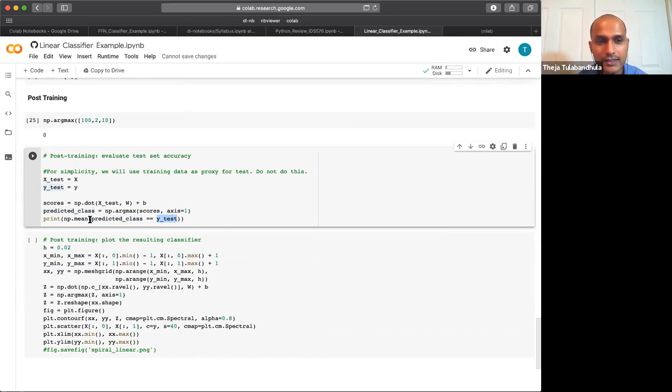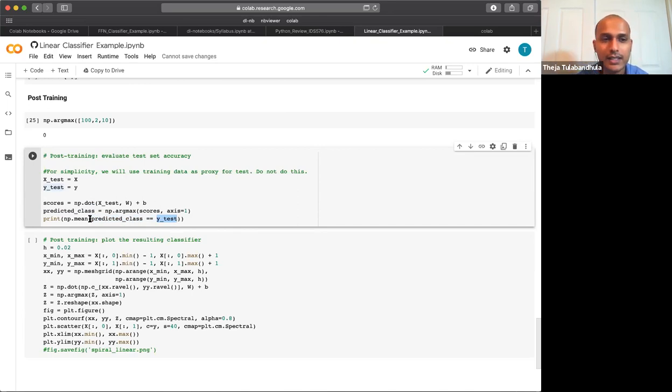I would say this comparison actually is vectorized. Again, you should print this out and see that y test is not a single number. It's one label per 300 data points, and similarly predicted class is also one label per 300 data points.